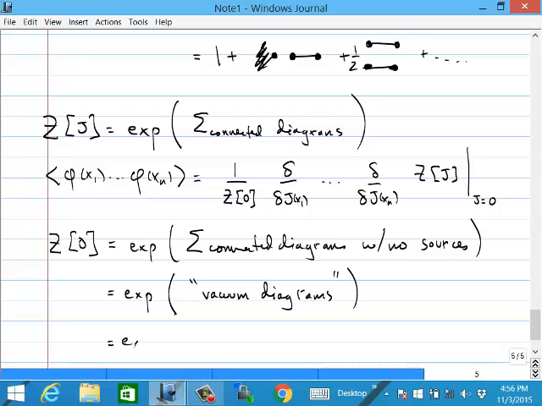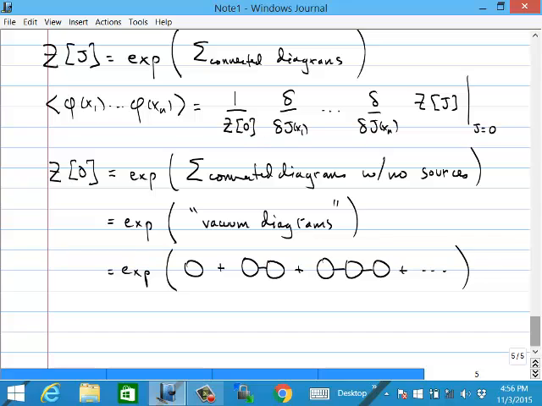So they would be, for example, something like that, plus that, plus that, and so forth, say in phi cubed theory. So the actual thing that you need to study when you compute a correlation function is Z of J over Z of 0.